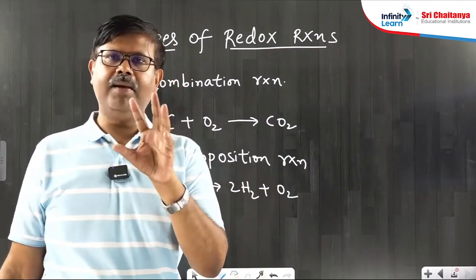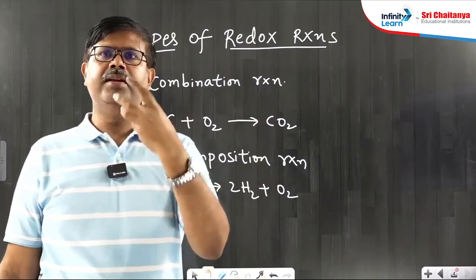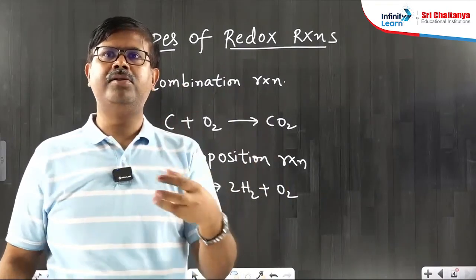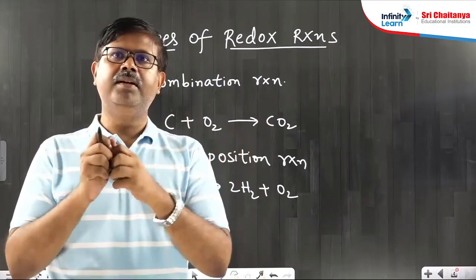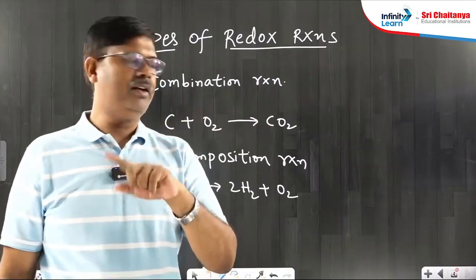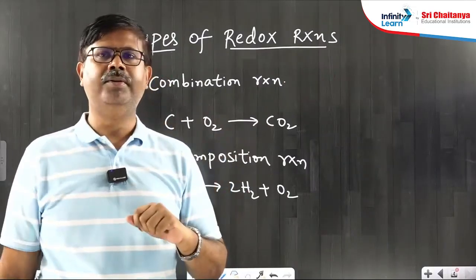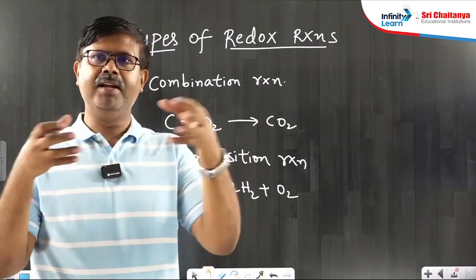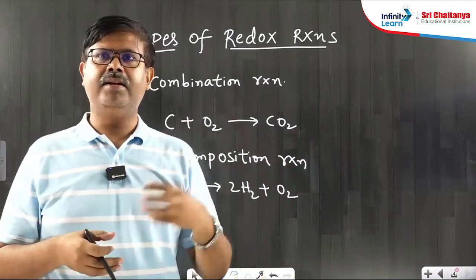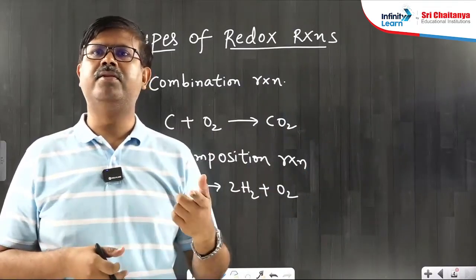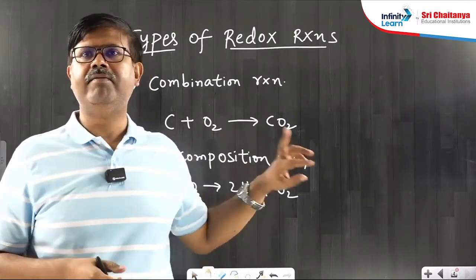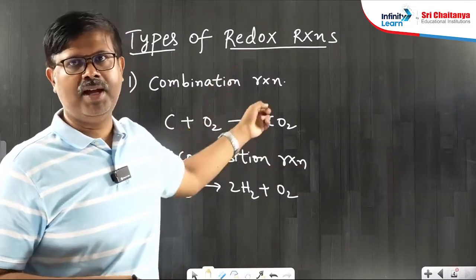But actually what is happening? The water molecule is breaking. Breaking is also called decomposing. Decomposing into what and what? H2 and O2. So when a species is breaking into parts, individual molecules, it is called a decomposition. It is the reverse of the combination reaction.